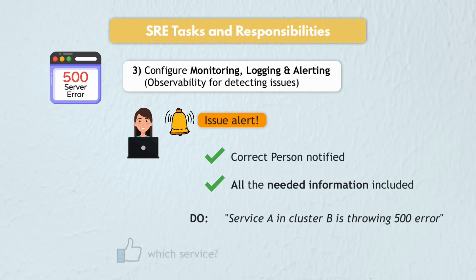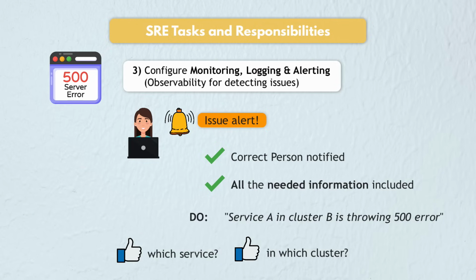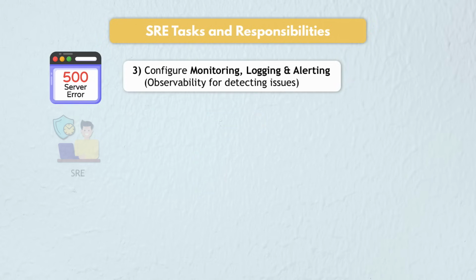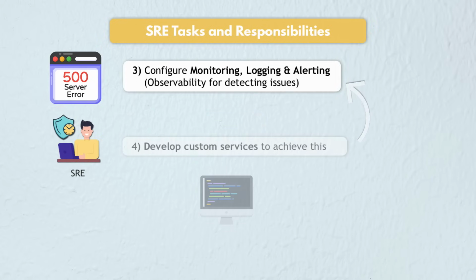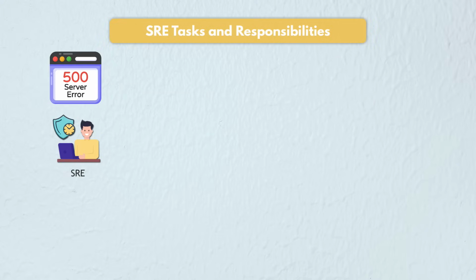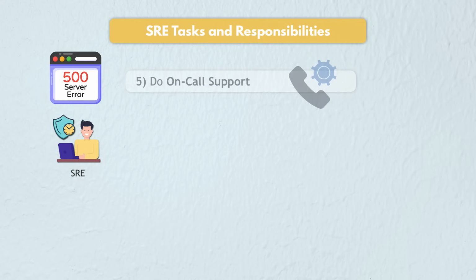So we know exactly which service is having a problem, in which cluster, and what that problem exactly is. So the more detailed the alert message, the better. In many cases, SREs will develop their own custom services to achieve this proper monitoring, alerting, and logging configuration for their systems.